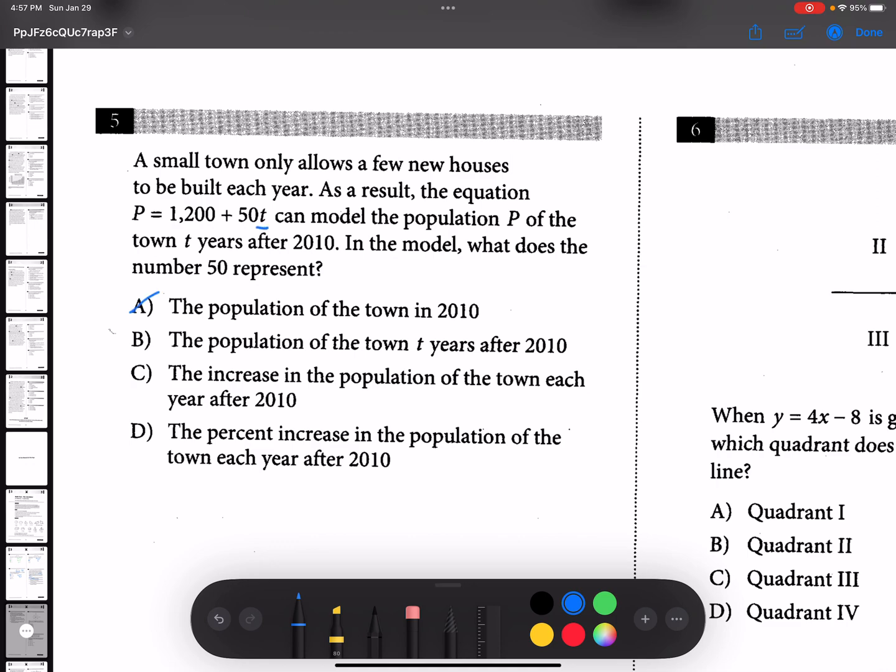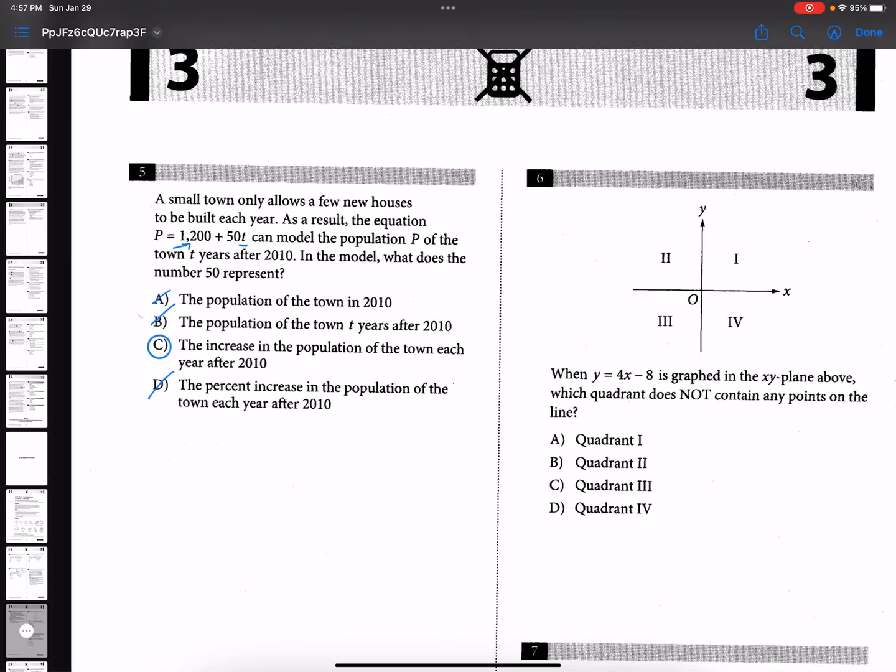So I definitely know for a fact A or B is not it. And because there's no percent here in any decimal form, D would not be the answer either. C would be the answer because 50 is our increase after 2010. This shows that this is the population in 2010, and after that, the increase in order to build houses. So C is our answer.